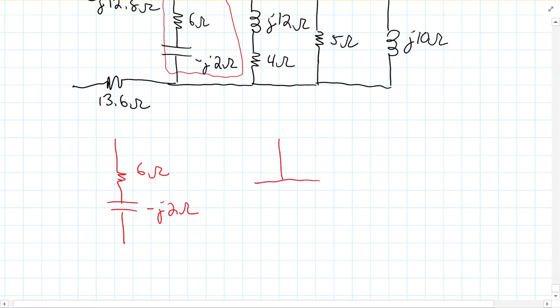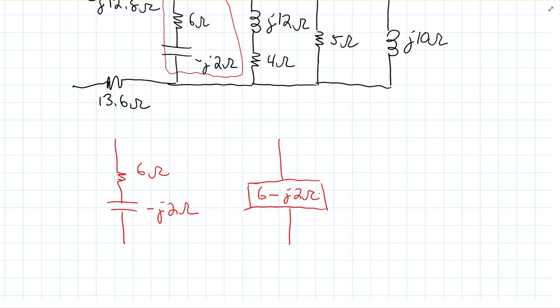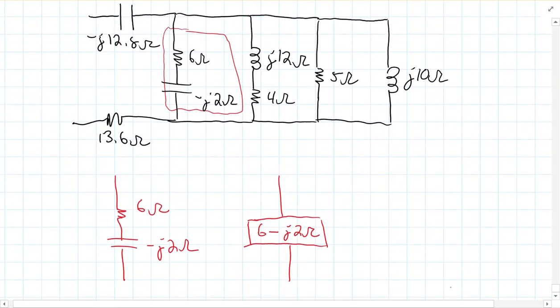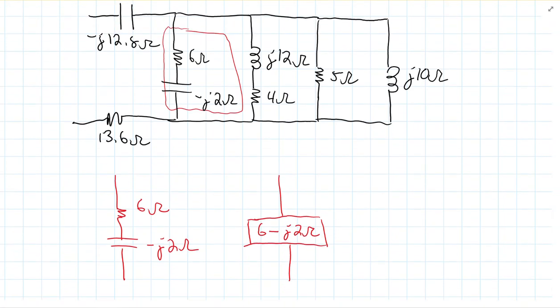When I combine them together, they're not a single component anymore, it's a combination of components. So we typically just write a box and do 6 minus J2 ohms. That's now a single circuit element, not a resistor or capacitor, but a combination of those. It lets us look at the circuit a little bit easier.